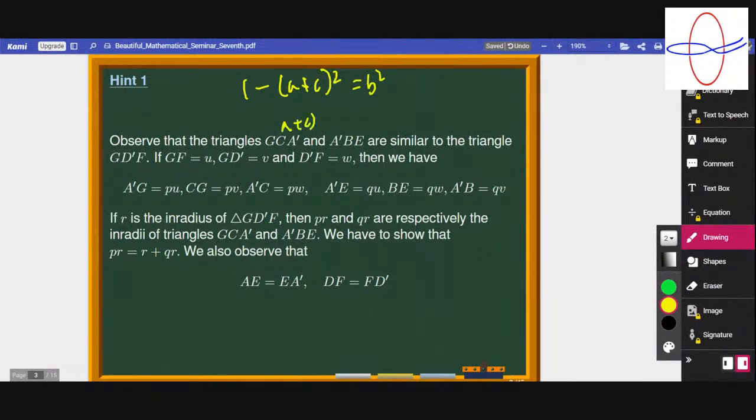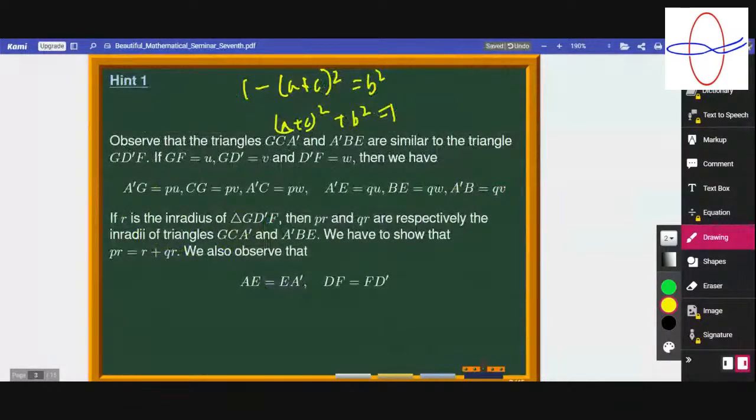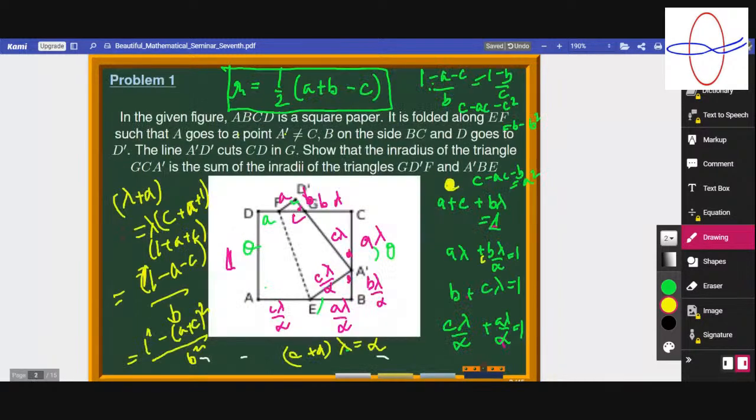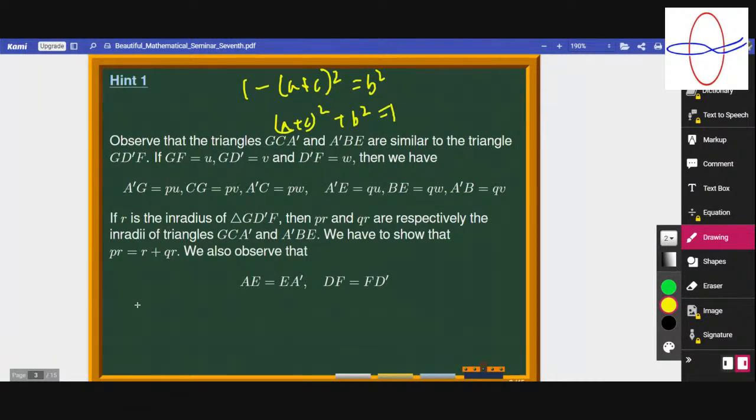Means a square plus b square equal to c square, and a plus c plus b lambda equal to 1.